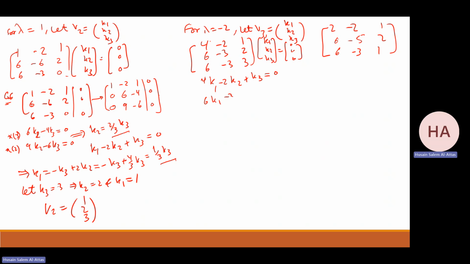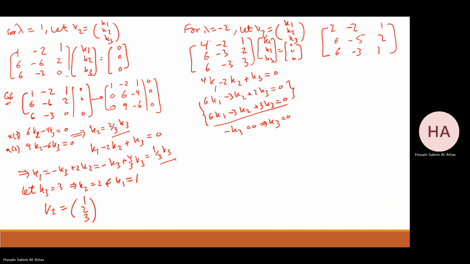I think I'll do the same trick we did in the first case. If I take these two, subtract them, I'm getting minus k3 equals 0, so k3 equals 0. Plug it in, I have what? 4k1 minus 2k2 equals 0, or 6k1 minus 3k2 equals 0.